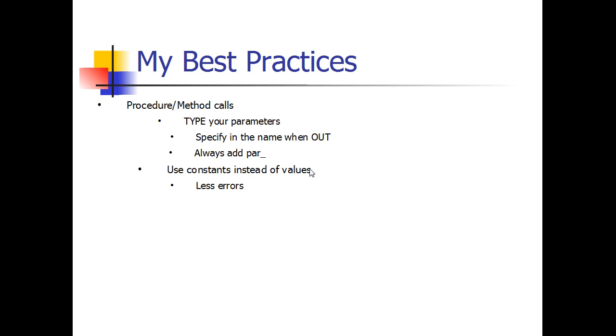Clearly, when you do my variable equal 1, or my variable equal 2, or my variable equal 4, or you do my variable equal constant in the case of the captain, constant in the case of the lieutenant, constant in the case of the sergeant, and that's the 1, 2, and 3, and 4 in your database, clearly you're going to be less prone to mixing 1 with 2, with 3, with 4. Those are not meaningful values.